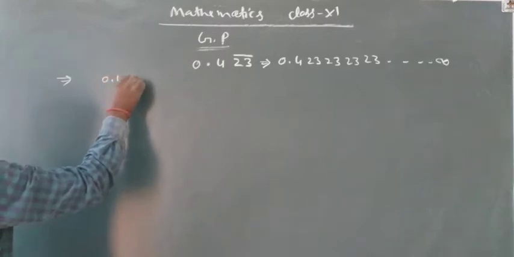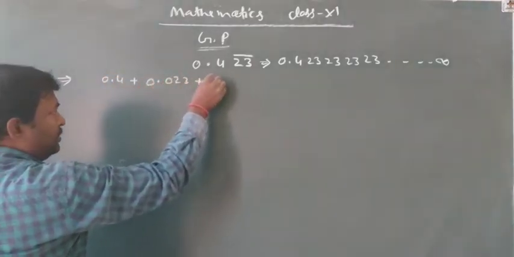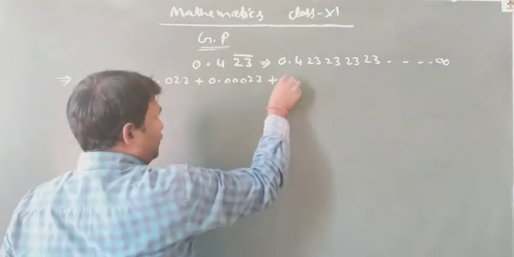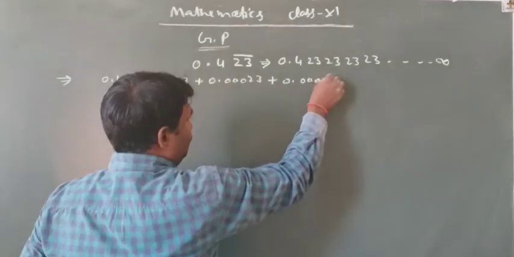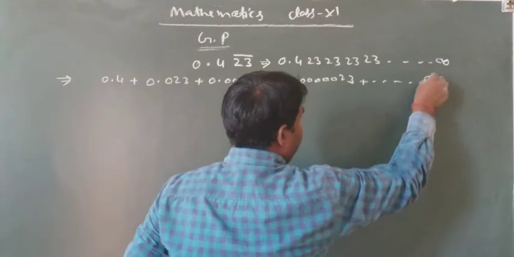0.4 plus 0.023 plus 0.00023 plus 0.0000023 plus and so on up to infinity.